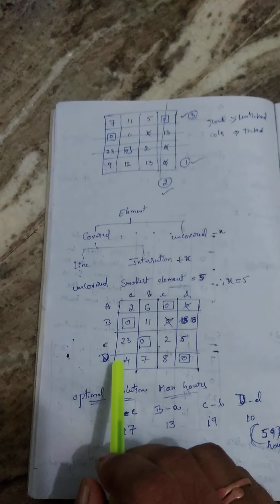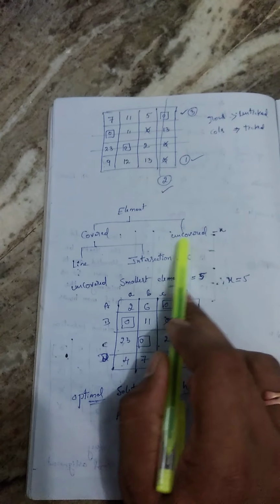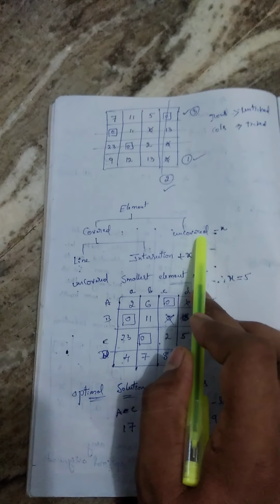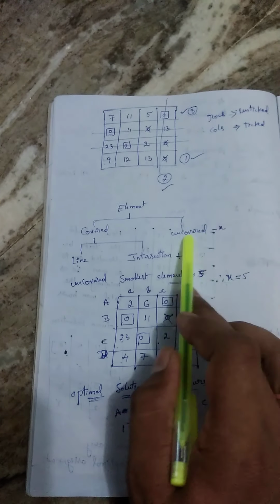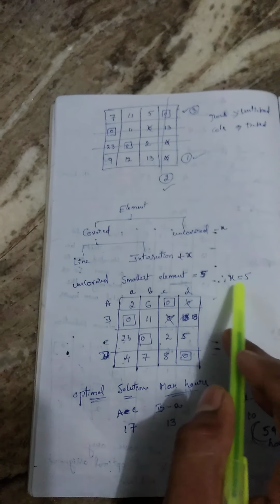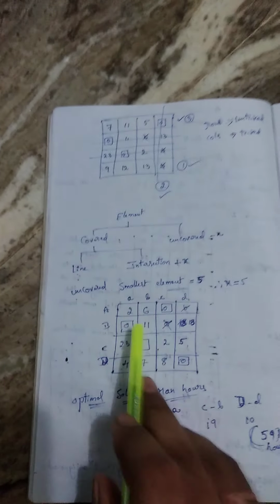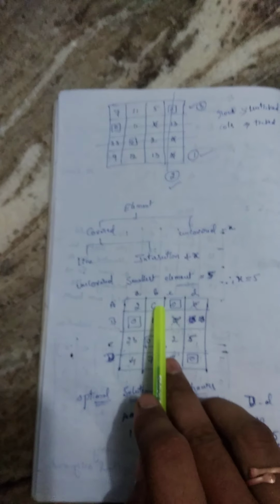Why are we subtracting? Here we have a condition: uncovered element minus x. The x value is 5. For the uncovered element 7, 7 minus 5 gives 2. 11 minus 5 gives 6. 5 minus 5 gives 0.